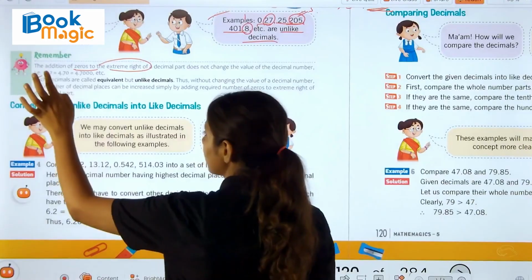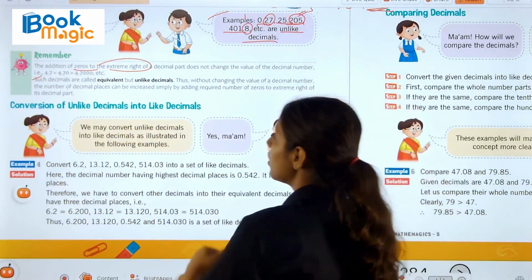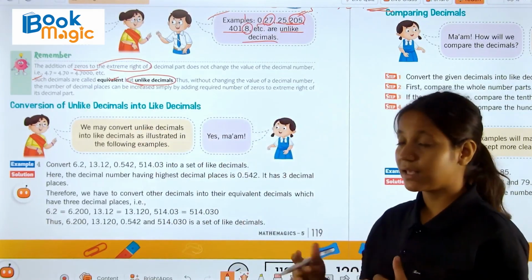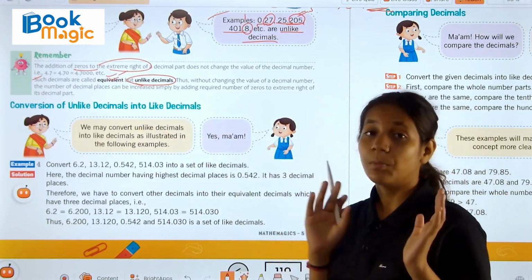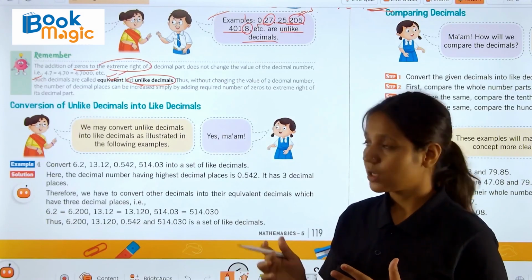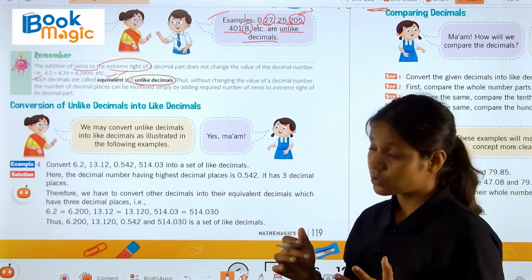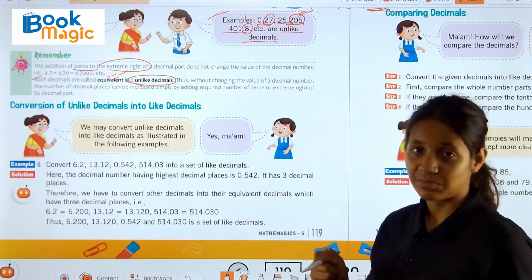Now the second point is such decimals are called equivalent but unlike decimals. So what do we call them? Equivalent decimals but unlike decimals, because they are having the same value but they are not like. They are having different decimal places.